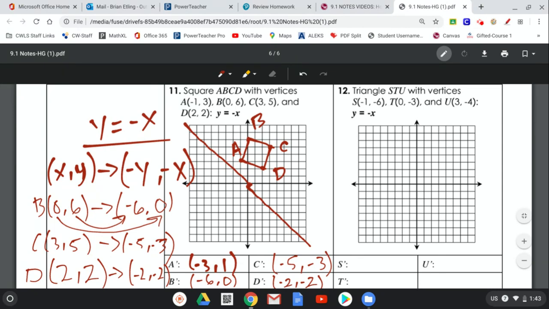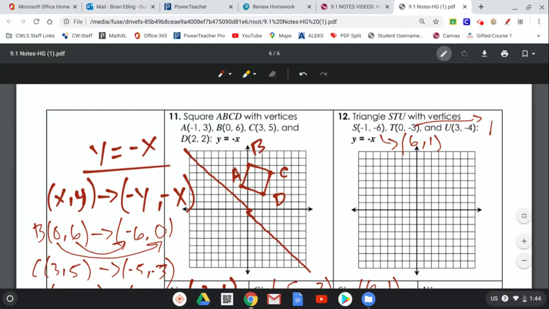So for S, it is negative 1, negative 6. So that's going to change to 6, 1 because we switch them and change the sign. So S is going to be 6, 1. All right, T. If we're looking at T, it goes from 0, negative 3 to 3.